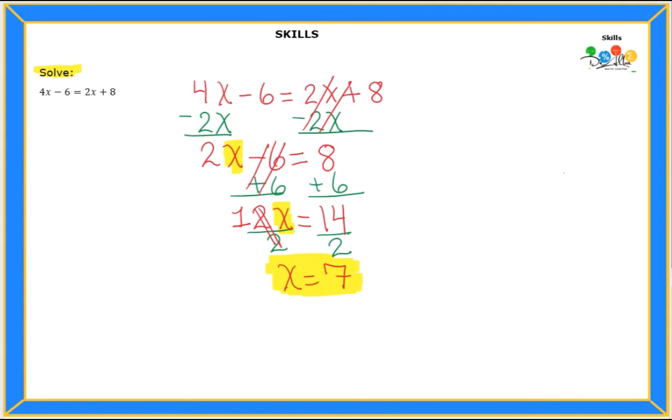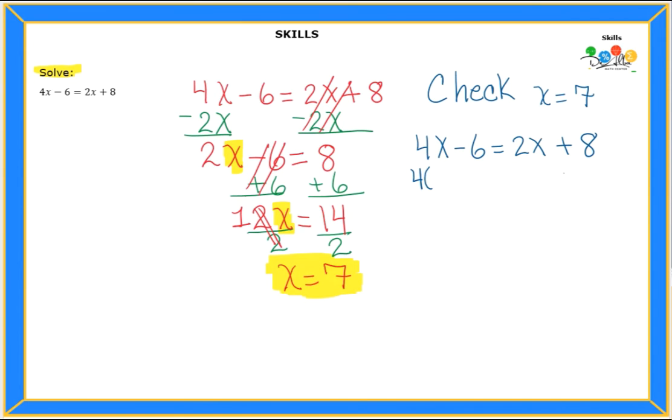But I would like for you guys to actually check your work. And the way that we check, and I've done it before in some other videos, it actually means that I am going to replace x with a 7 in my original equation, okay? So I'm going to write down my equation as 4x minus 6 equals 2x plus 8.